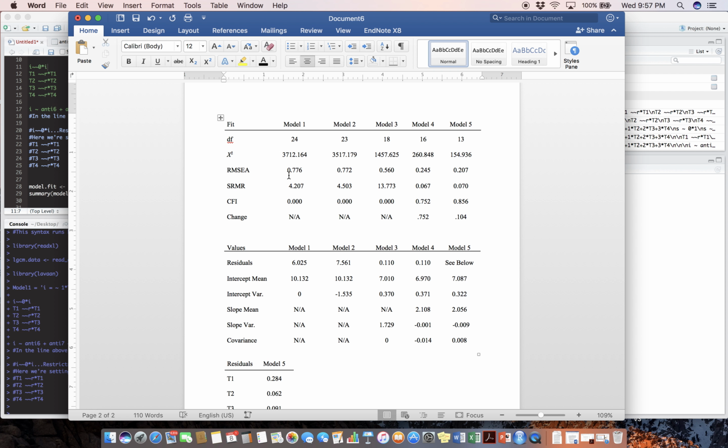So we see our RMSEA is not too great, our SRMR isn't either, and we don't even have a reasonable CFI value. But that's good. That's what we'd expect, because what this is telling us is that no change is significantly different than change in our data set.